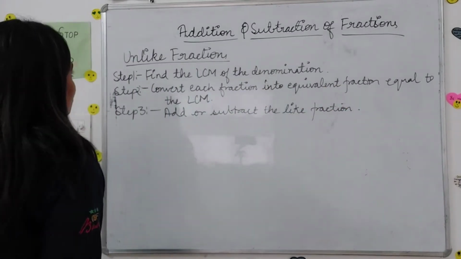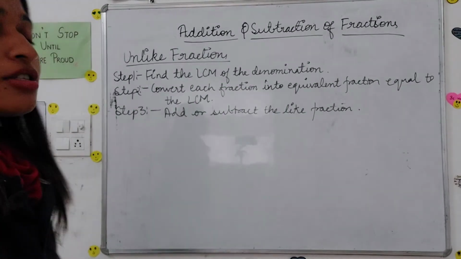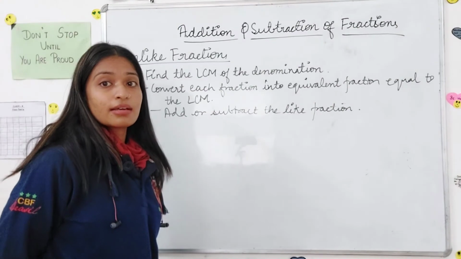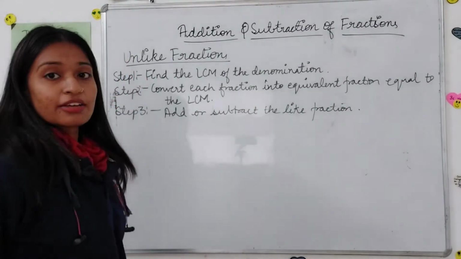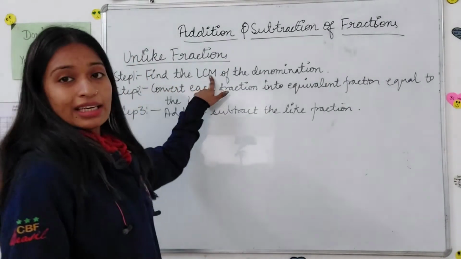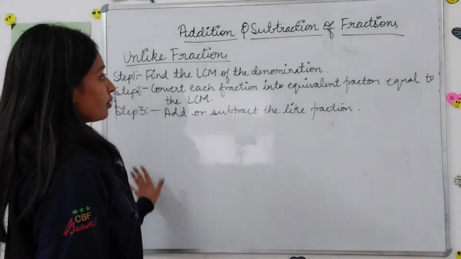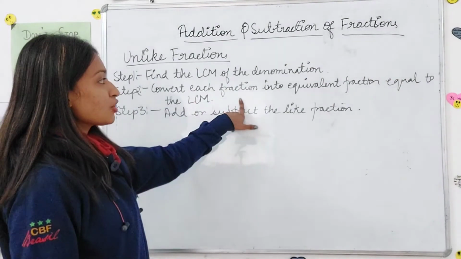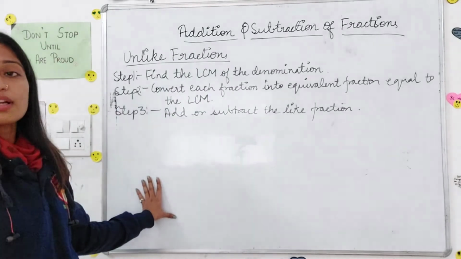So when we have to add or subtract unlike fractions, first of all, we have to make them like fractions. And how do we make unlike fractions like fractions? First of all, you will find the LCM of the denominators. Then you have to convert each fraction into an equivalent fraction. And how do we make an equivalent fraction?